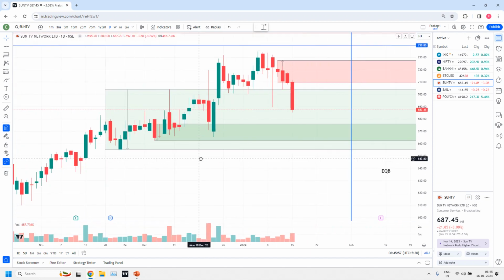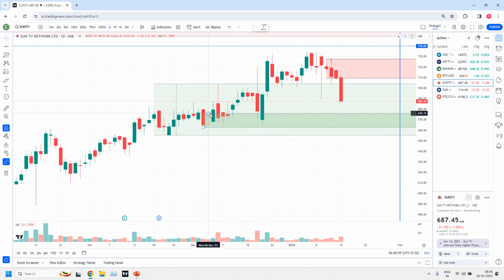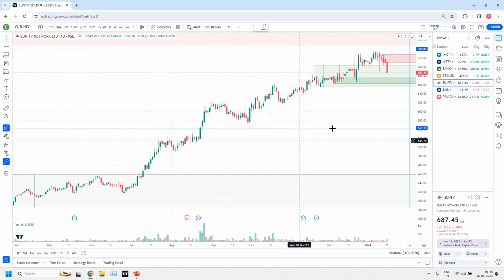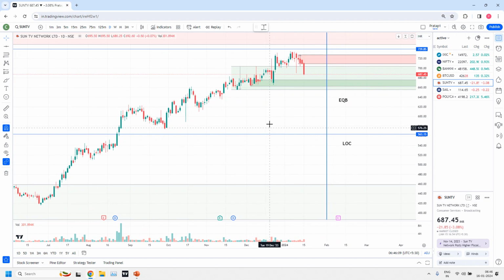But have you noticed this daily demand zone is inside the weekly demand zone? That means the daily demand zone and weekly demand zone overlap each other.